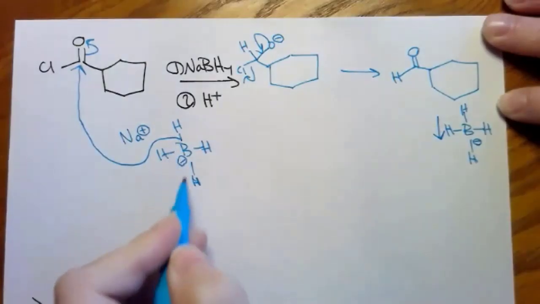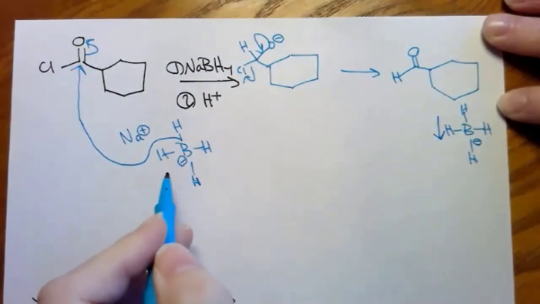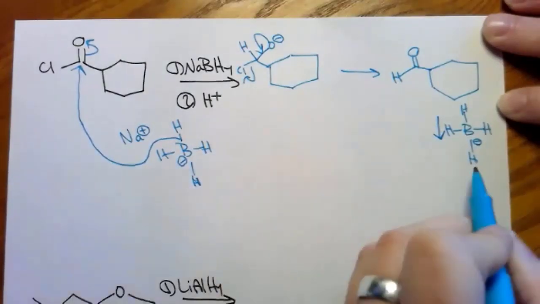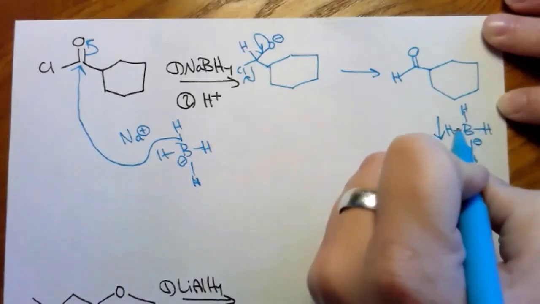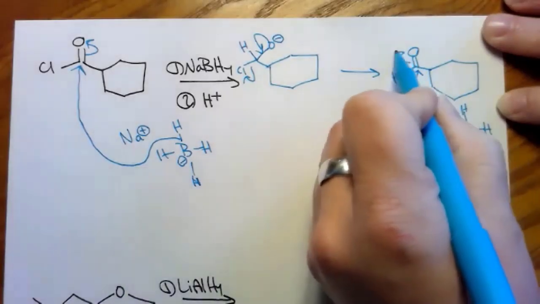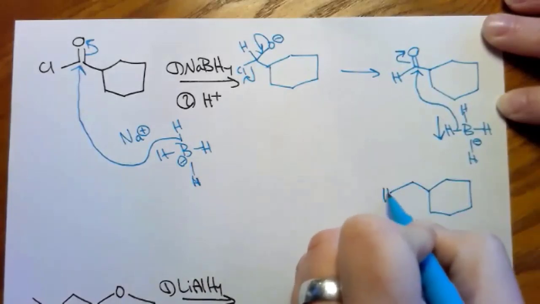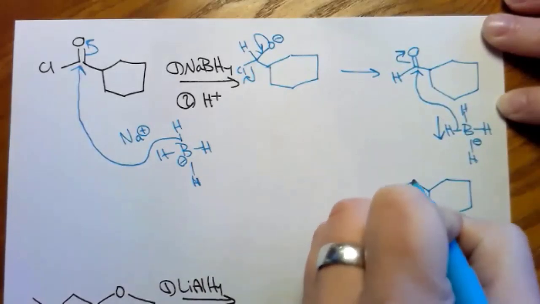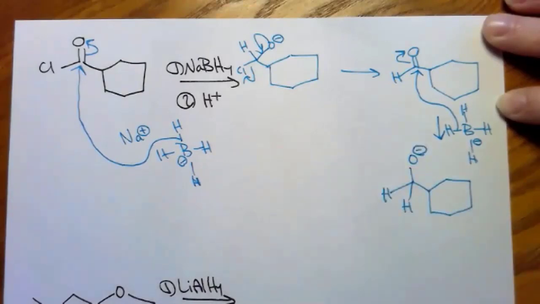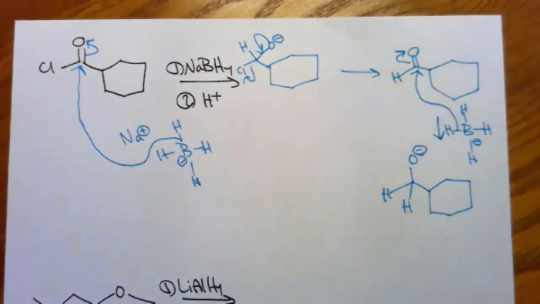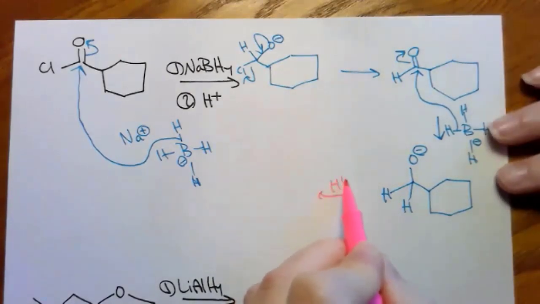There's going to be some other stuff that happens with it, but mechanistically, it's easier to start over with a new BH4. But there's some other stuff that might be happening. Attack the carbonyl carbon again. Make an O- again. And then you do your acid workup.